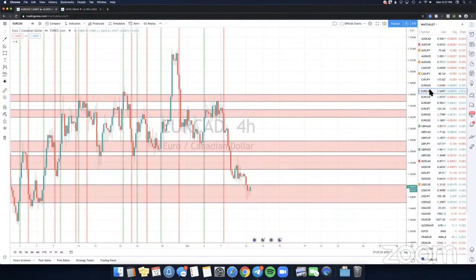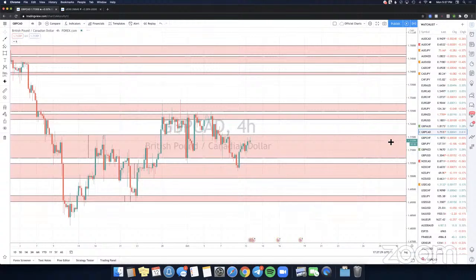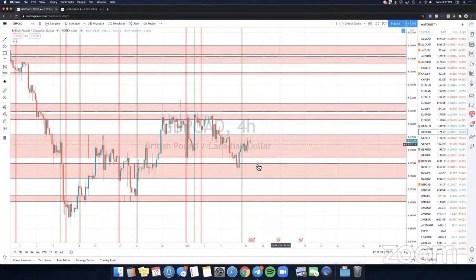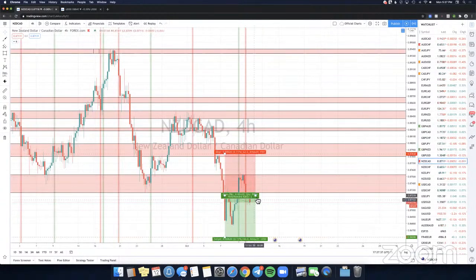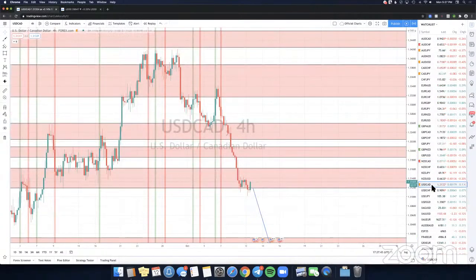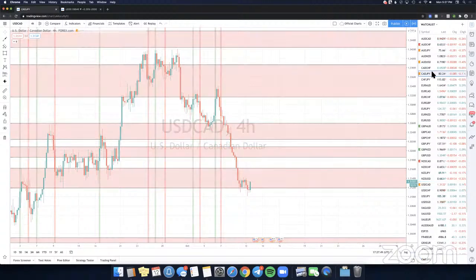The CAD is weak here as well. Right here, the CAD's weak as well. The CAD's strong here. So this is where it's kind of iffy, because they're not all going the same direction. It looks like it's 50-50. CAD's weak, CAD's strong. So I'm not going to be calling this trade just yet.